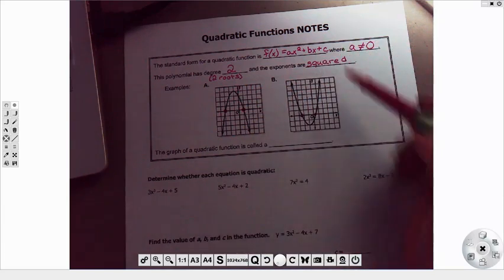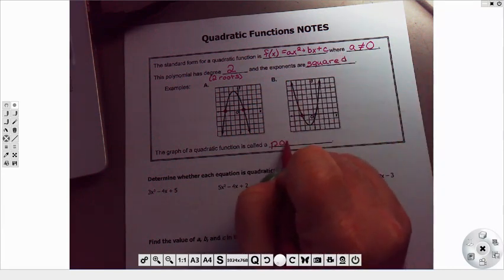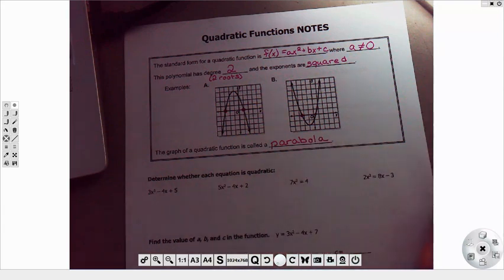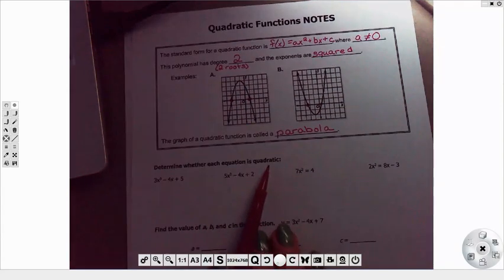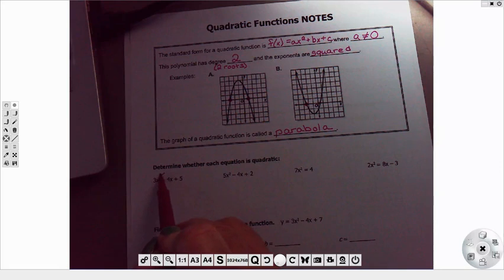The graph of a quadratic function is called a parabola. It's a really weird word, parabola. Okay, so it wants us to know whether or not these equations are quadratic. There's a couple things that I can do when I look at it. One, I can look at this one and be like, oh, that exponent's a 3.